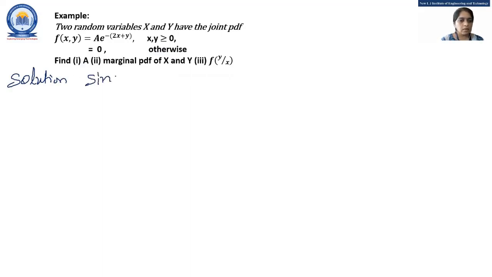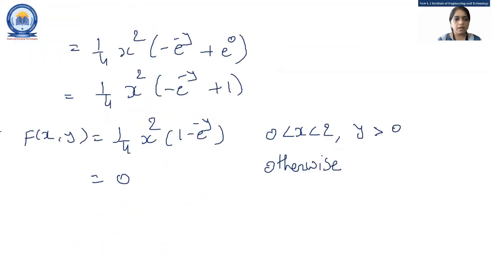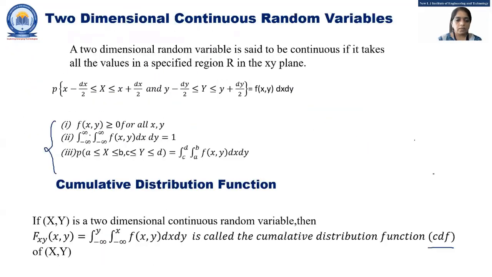Since f of xy is a PDF, as per the rule of the PDF, this probability is satisfied. As per this probability, the integration from minus infinity to infinity, again from minus infinity to infinity, of f of xy dx dy is equal to 1.